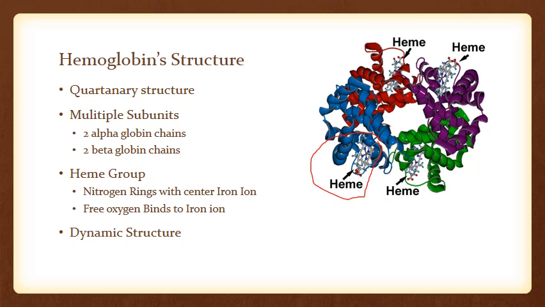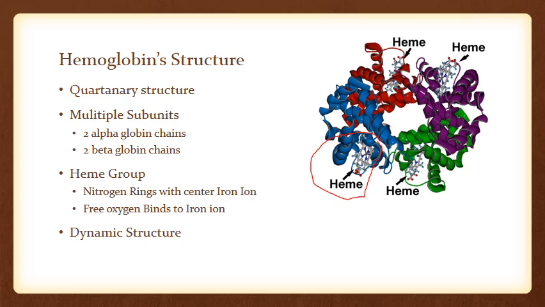The histidine group actually prevents iron from becoming oxidized and overbonding, and thus useless as far as the transportation of oxygen. Another thing this histidine group does is it prevents free carbon monoxide from bonding with the iron and being a competitor to oxygen to bind.